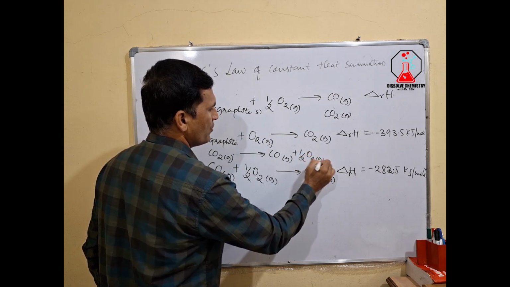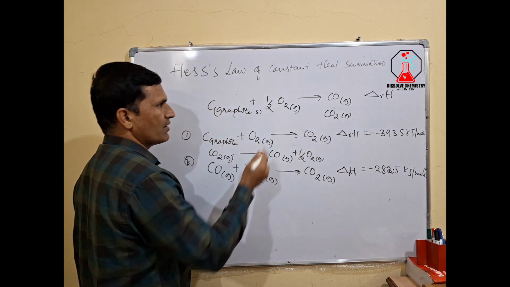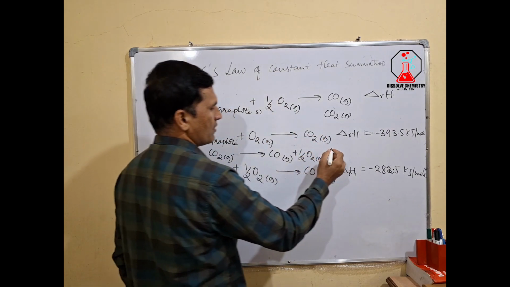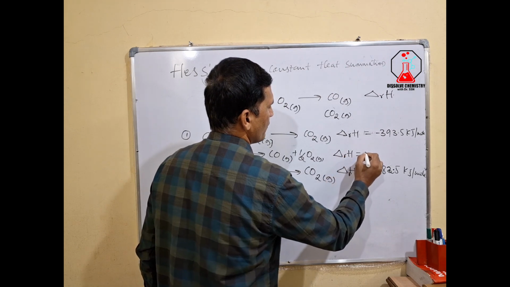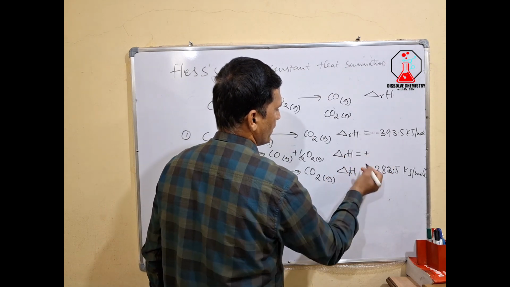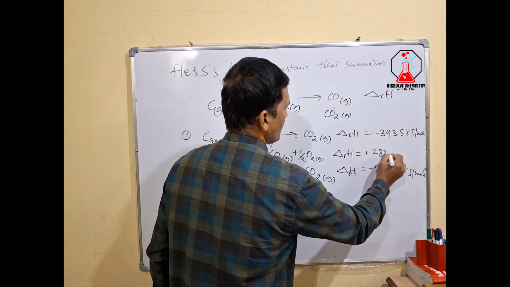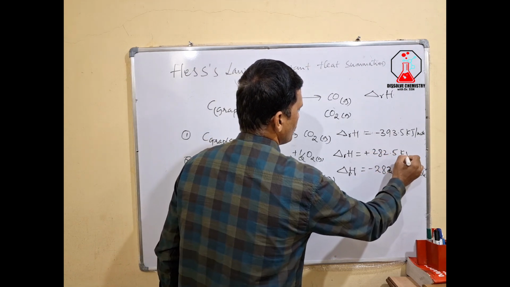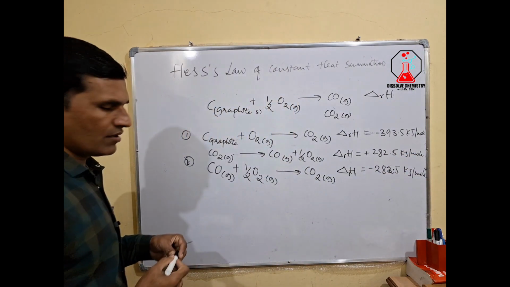What operation are we doing? We are reversing the equation to get the desired equation that I want. You have to change things as per the requirement of your desired equation. So when I reverse it, the sign changes from minus to plus 282.5 kilojoules per mole.